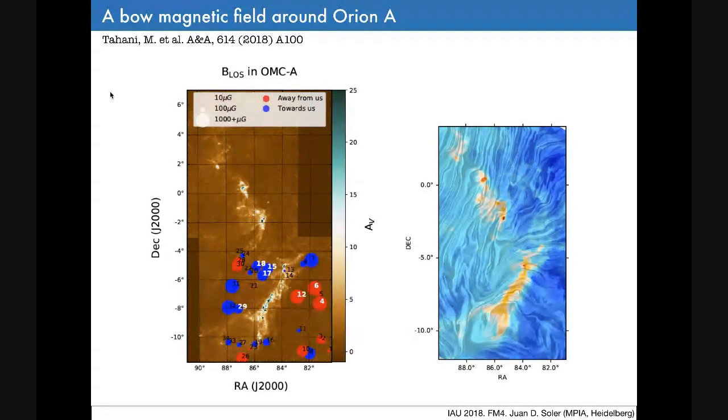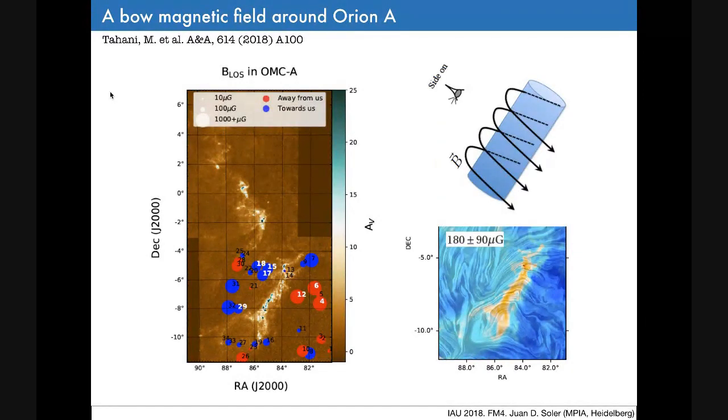So what Merouche wanted to do with the Orion cloud was to see what is the model that best fits the 3D configuration of the magnetic field around Orion. So you see on the right, you have the drapery pattern from the magnetic field that we infer from Planck. I went against my principles and calculated some magnetic field from Davis-Chandrasekhar-Fermi. It gives you like 100 microgauss with a huge uncertainty.